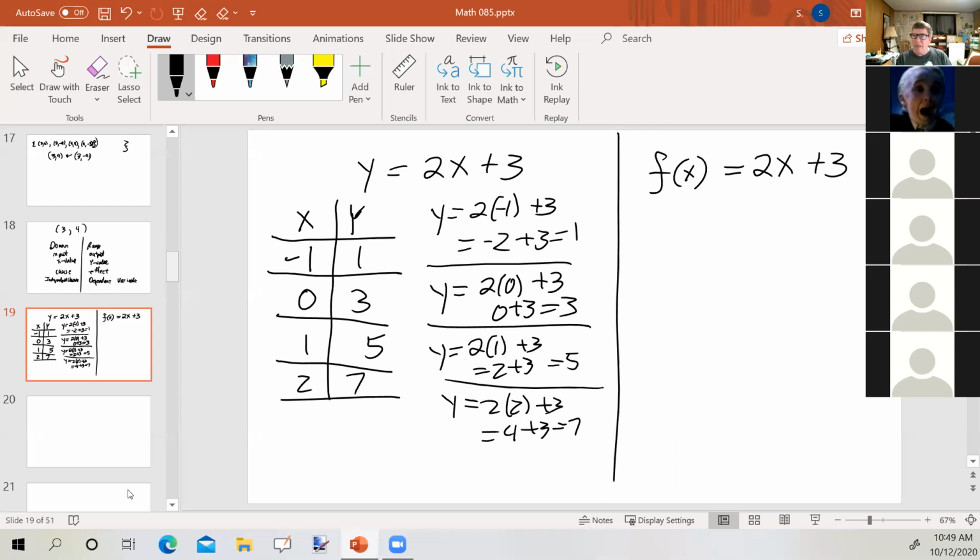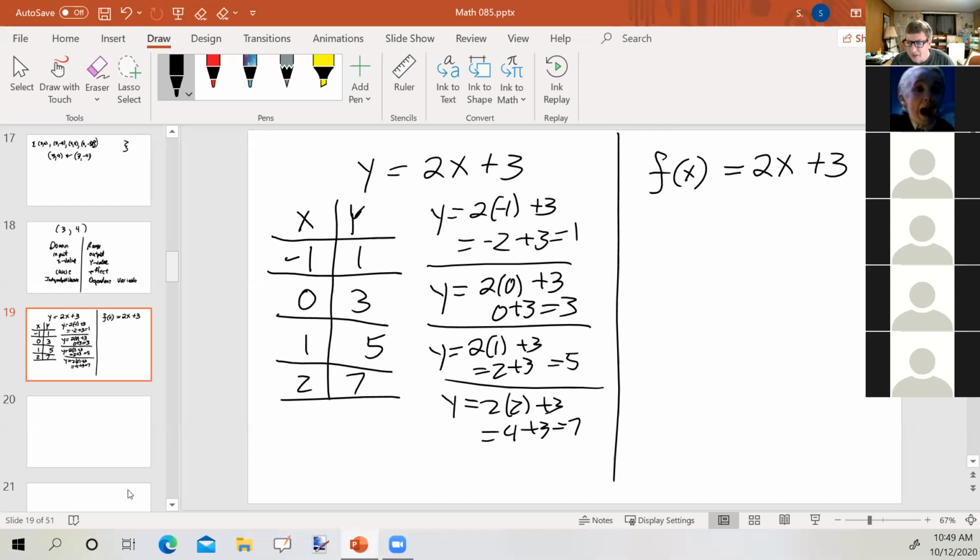Now again, f of x is a symbol replacing y. So it's not f times x. It looks like f times x, though, doesn't it? Because of the parentheses around the x. If we have a number or a letter next to something with parentheses, we tend to say, oh, it's multiplication.